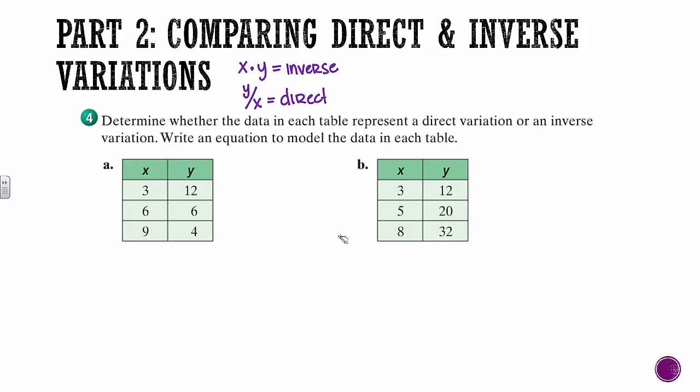So if we take a look at each one of these, let's try direct variation first. 12 divided by 3 gives me 4. 6 divided by 6 gives me 1. And 4 divided by 9 gives me 0.4, repeating forever and ever. So because these are not the same, that is not direct variation.